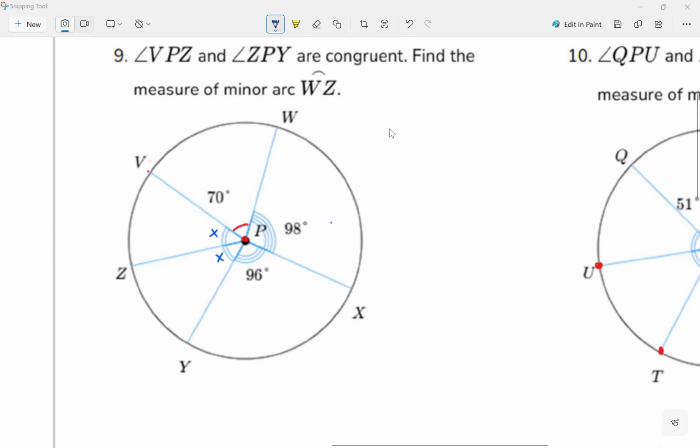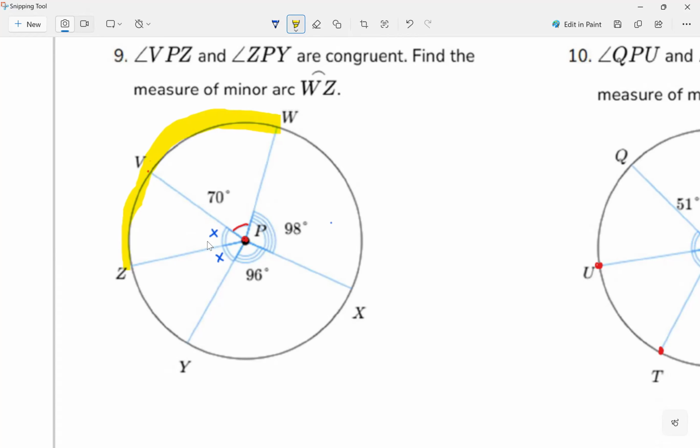Now find the measure of minor arc WZ. Remember, for my minor arc, I want to go from W to Z the shortest way possible. How big is this arc? Well, I know that WV is 70. From W to V is 70.